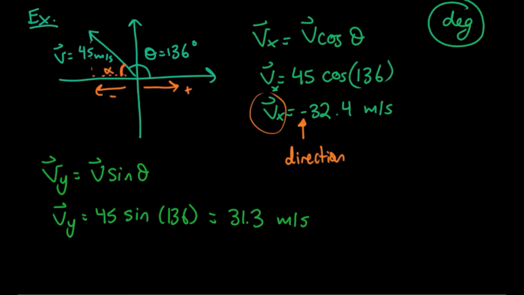And remember, for the y-axis, anything that goes up is positive, anything that goes down is negative. So these are your answers. For your horizontal component, it's negative 32.4 meters per second. And for your Vy component, it's 31.3 meters per second.